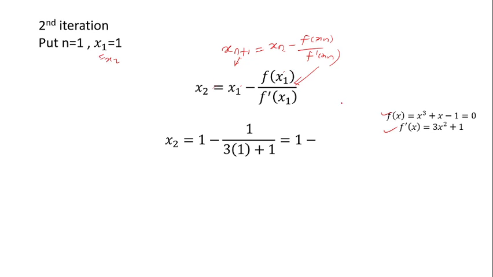For f(x1), 1 plus 1 is 2, minus 1 is 1, so we put this as 1. Now 1 minus 1 by 4; simplifying 3 plus 1, we get 4. So 1 minus 1/4, that is x2 = 3/4, which is 0.75. So we got x1 as 1, then x2 as 0.75.